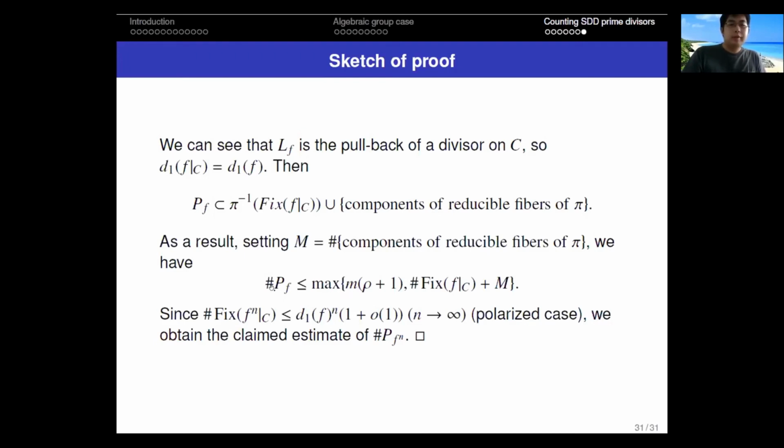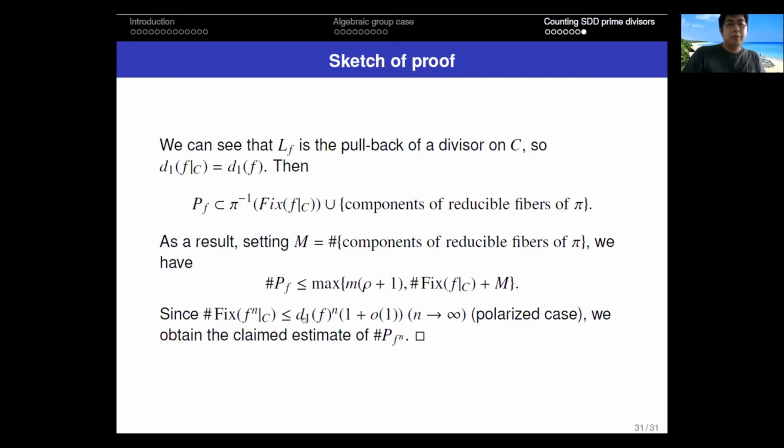So the first one is not related to F, so this is preserved. And for the second one, it's sufficient to see the growth. But now Fc is a polarized endomorphism because C is a curve.